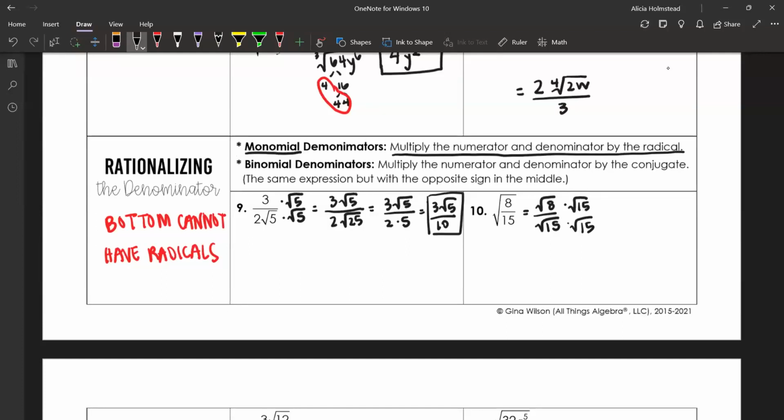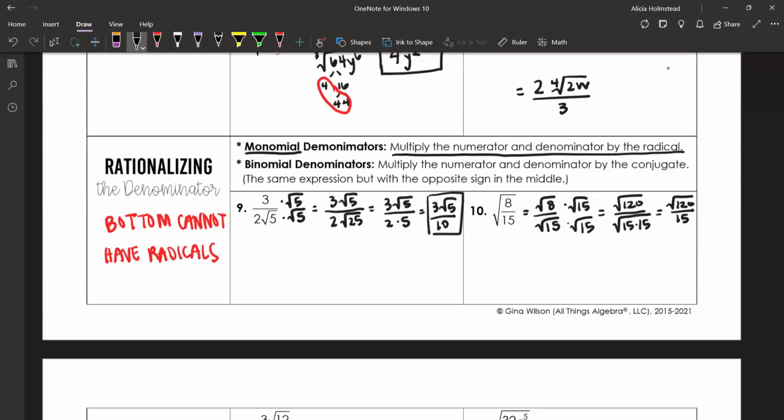On the top we can do insides with insides, so that becomes the square root of 120. On the bottom, just notice that this is going to become 15 times 15, which is a group of 2 things. So this is just going to be 120 over 15. Any radical times itself is just the radicand.